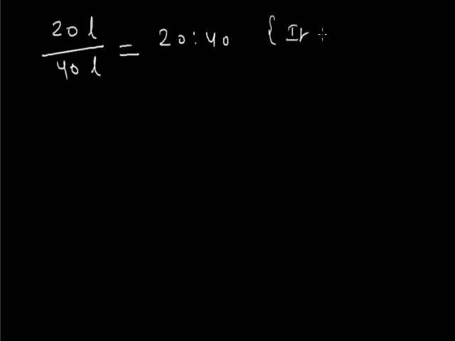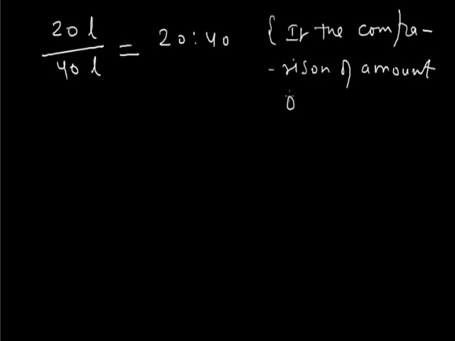Now if we have to calculate the ratio between 20 liters of milk and 40 liters of milk, we simply use 20 liters upon 40 liters. It is represented as 20:40, and it is mentioned that it is the comparison between amounts of milk in liters. This is the second important point in the concept of ratios, that we compare two similar type of quantities.